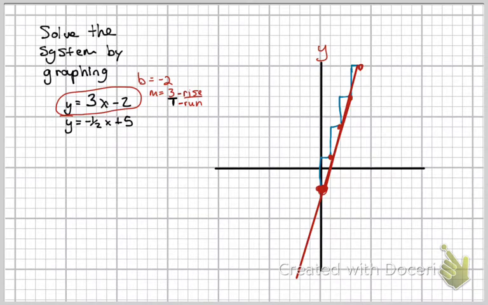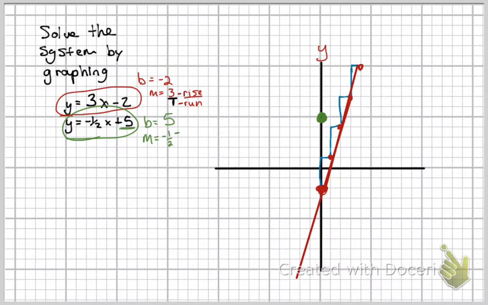Now I want to go ahead and graph the second line. The second line is y is equal to negative 1/2 x plus 5. So I want to find my b value, my y-intercept, this time of positive 5, the value with no x, and I put that on the y-axis. The next thing I need is my slope. Our slope is the multiplier of x, so negative 1/2.